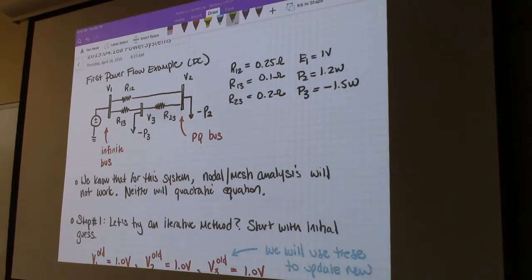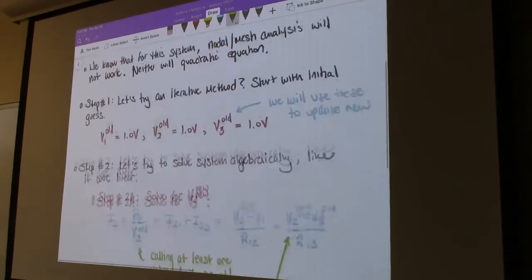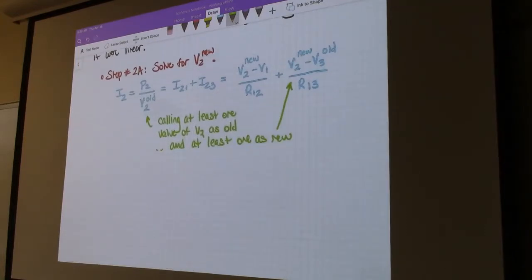for convergence. Yeah. Are we plugging P2 in? So when we list it, P2 equals 1.2? Yes, you are, but you can also calculate P2 using this expression here. P2 equals... so you see what I'm saying?